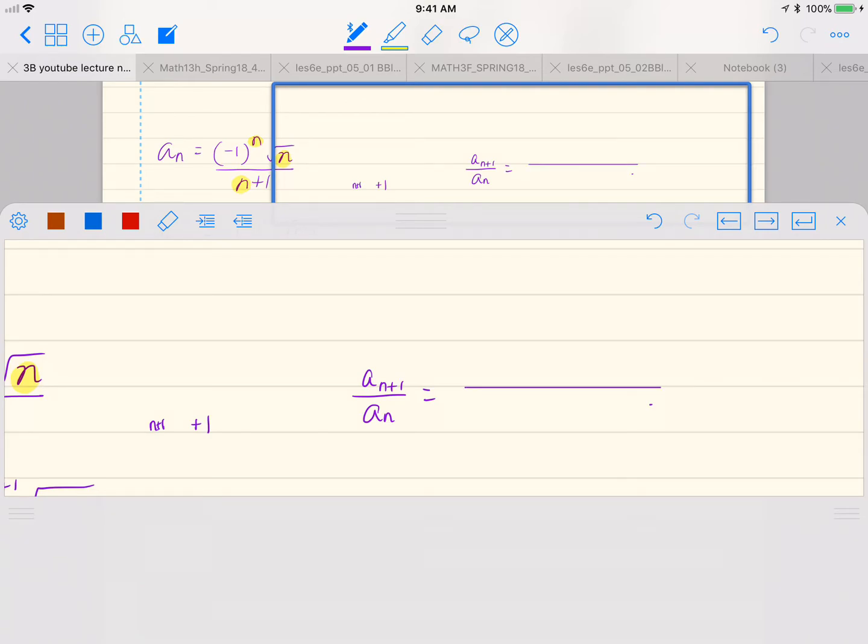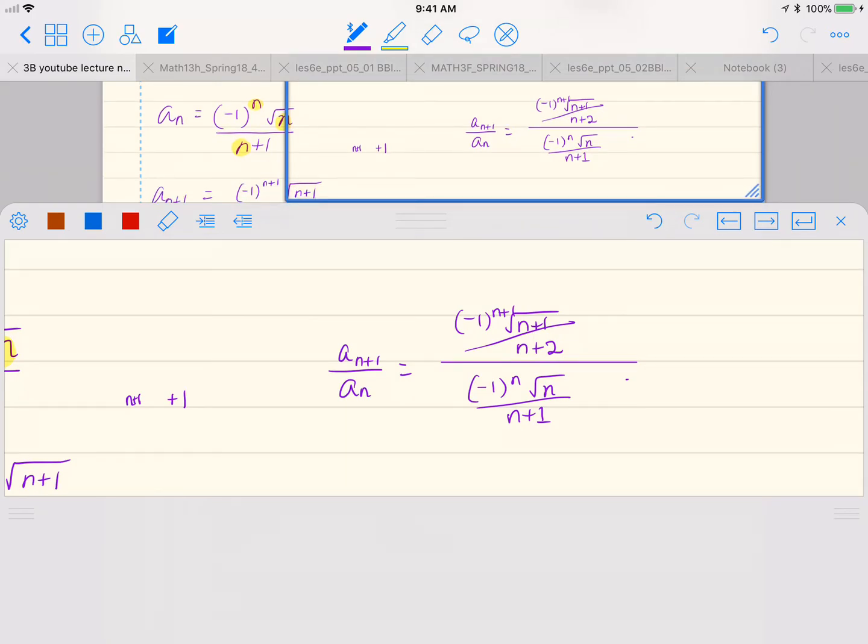In the numerator, I'll have negative 1 to the n plus 1 times the square root of n plus 1 divided by n plus 2. And in the denominator, I'll have negative 1 to the power of n times the square root of n divided by n plus 1. Right?